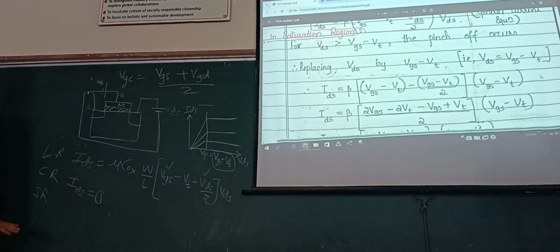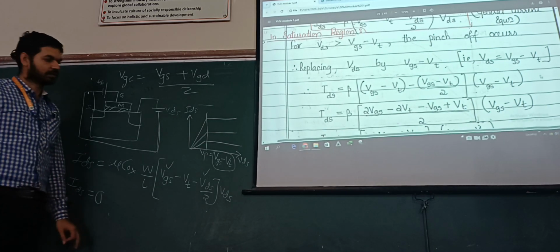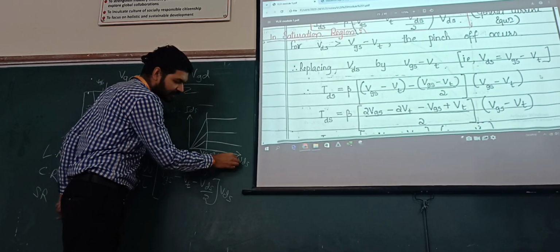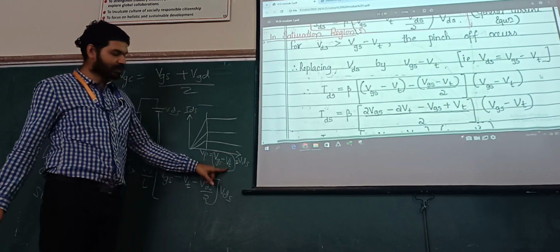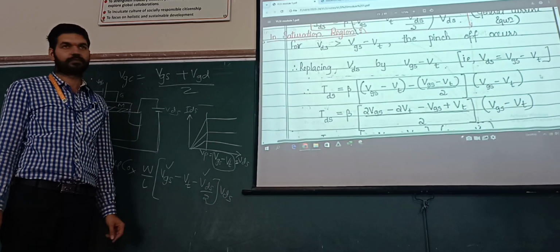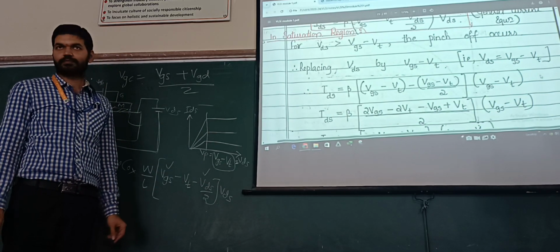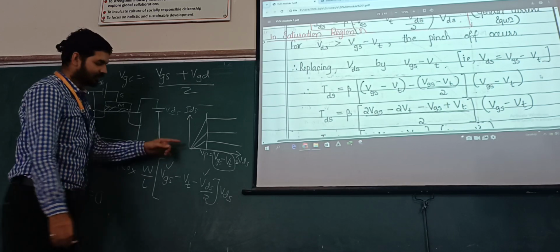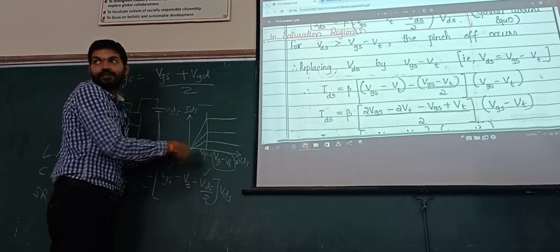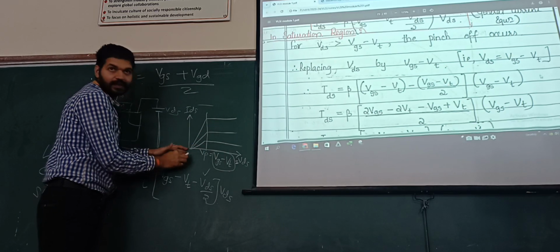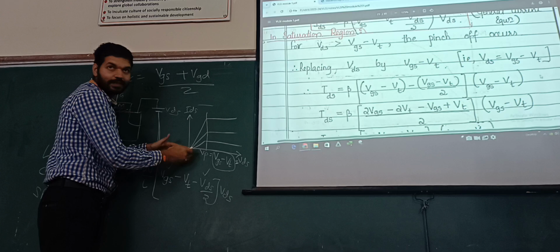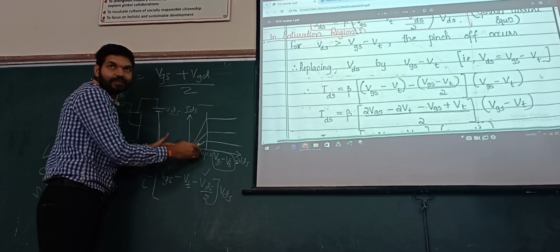When VDS is equal to VGS minus VT, at that time pinch off will happen. Let me say it once more. Initially VDS is 0, and you keep increasing it, 1, 2, 3.